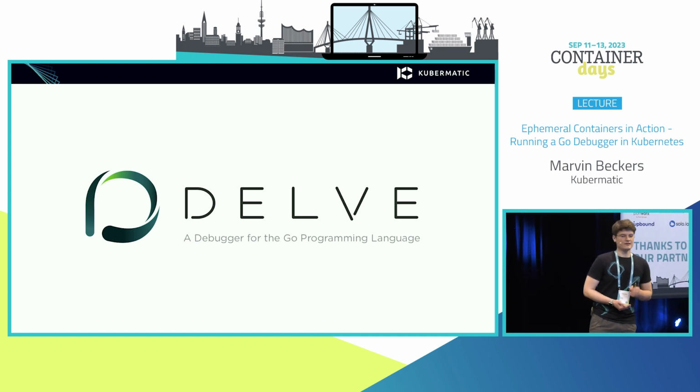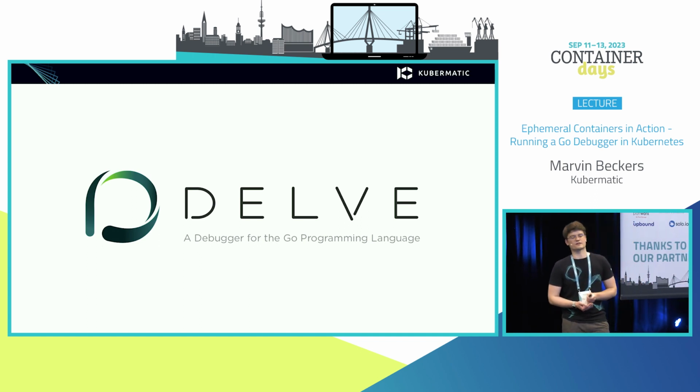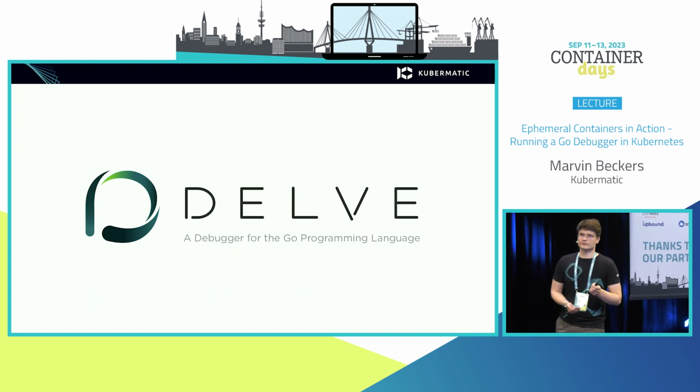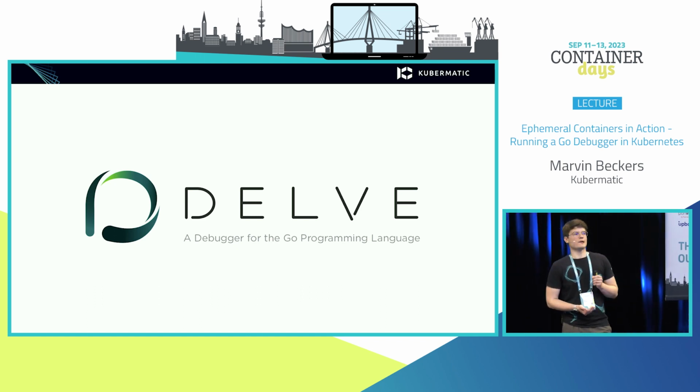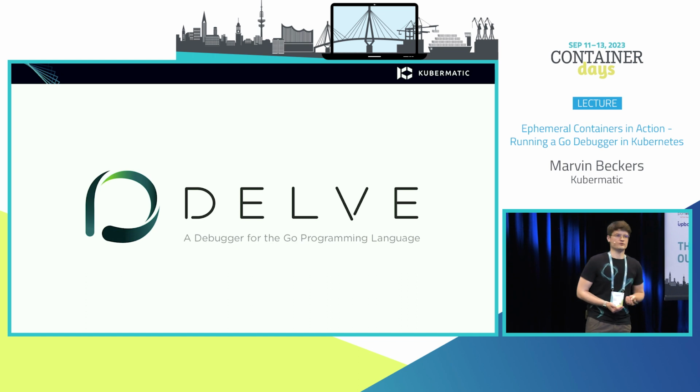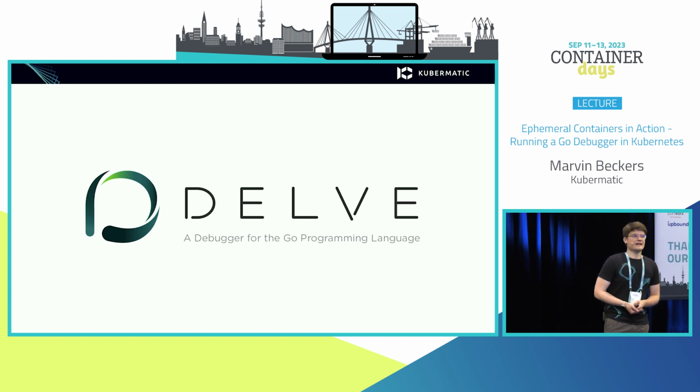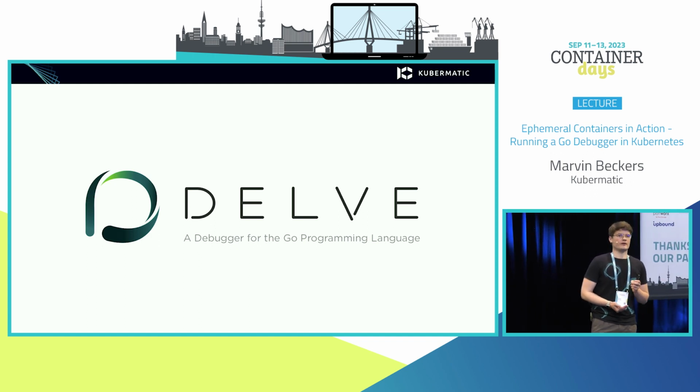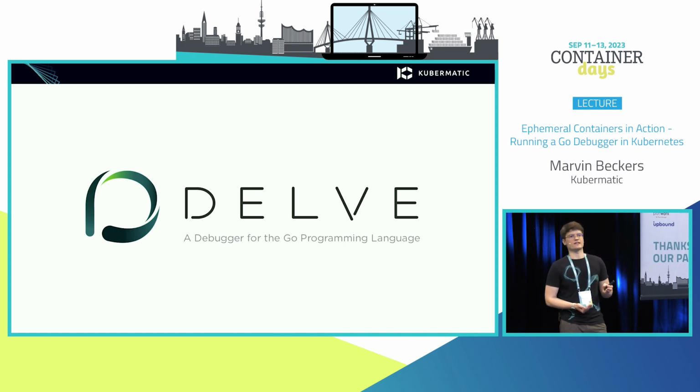So yeah, Delve, as said, is a debugger. It kind of does what you expect a debugger to do. And I think we have Go experts in the audience who know more about using Delve than I do. Let's be honest about that. But one of the features that you would expect in debugging to work is setting breakpoints. You set a breakpoint, your application halts, and it waits for you to do something.